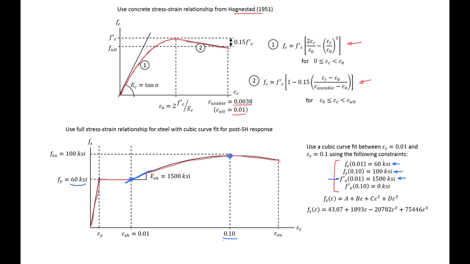And our slope here, or our stiffness at this point, is going to be 0. So using these 4 points and a standard cubic expression, we can solve for our different variables and get this equation to relate strain to stress for our steel after we are in our strain hardening region. So these are the two material relationships that we're going to use in this problem.